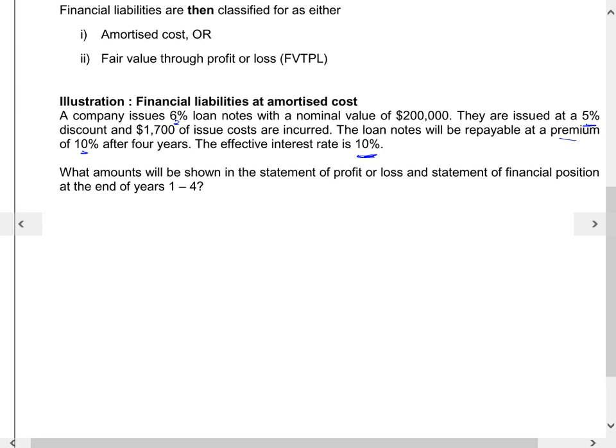Which amount will be charged to my SPL? The amount to be charged to my SPL is, because this loan I take lesser, I have to pay more effectively, and my interest for the year is 188. So this amount will be charged to my SPL. After 1 year, my debt will increase from 188 to 195. This is the balance in my SFP under non-current liability. 1 year later, my loan is for 4 years.